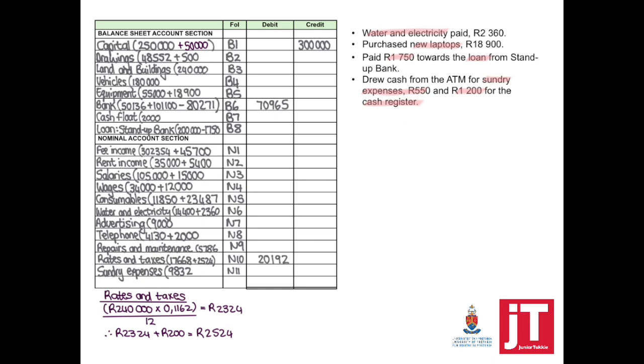So again, apply the basics that you've learned. Don't get confused now. Two things are happening here. First, we're going to add 550 to our sundry expenses. And then secondly, we're going to add 1,200 to our cash float.